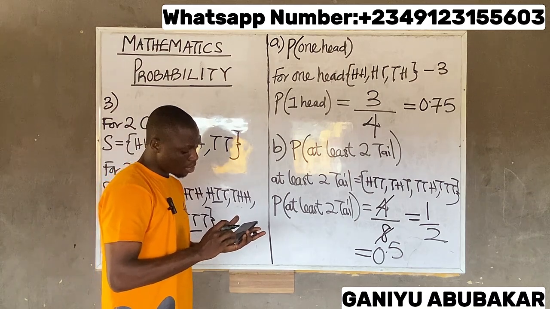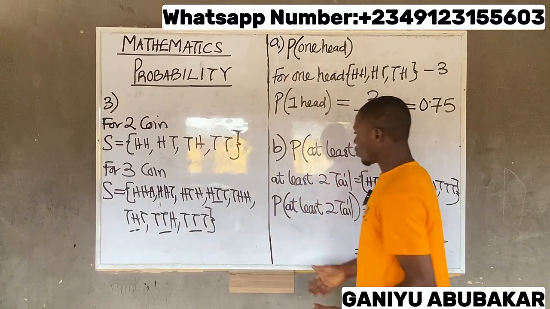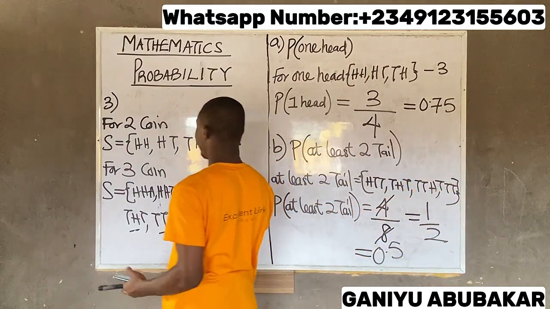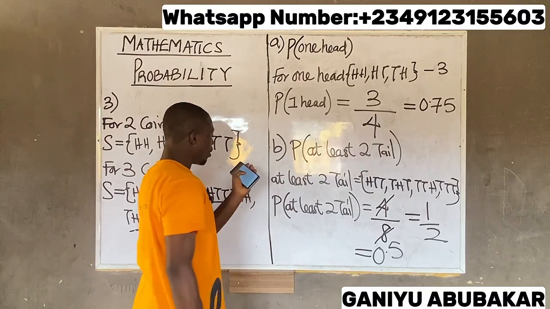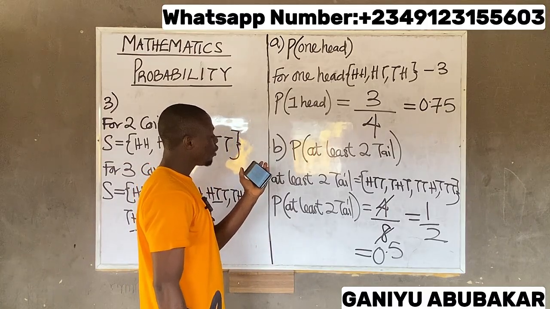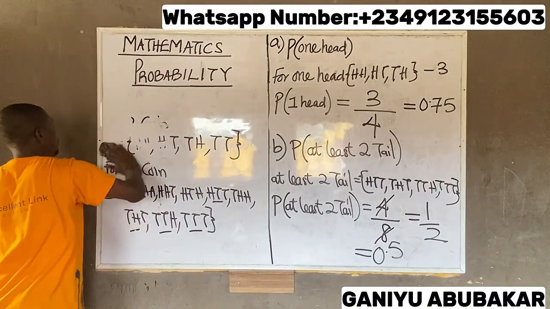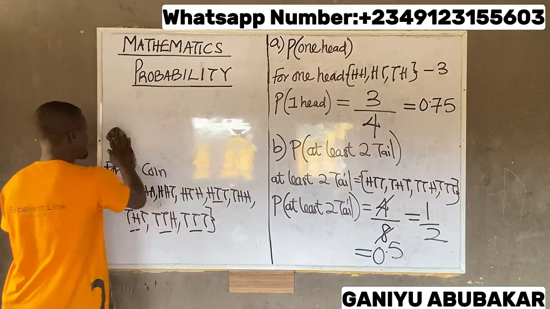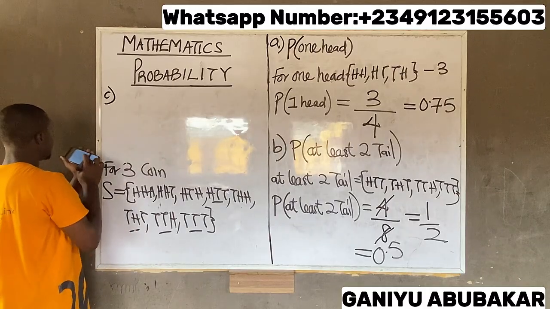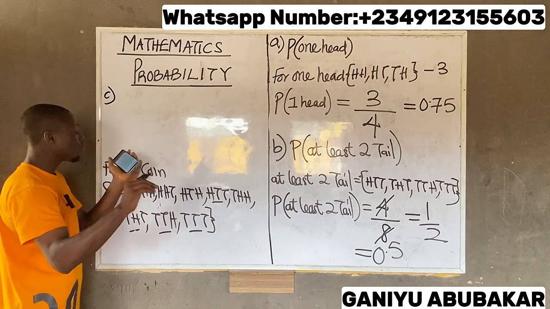In the study of probability, this is how it works. Let's do question C. Question C is for three coins, so I will leave this part here; you can use it for question C. Question C says, if three coins are flipped, what's the probability of getting exactly one tail?